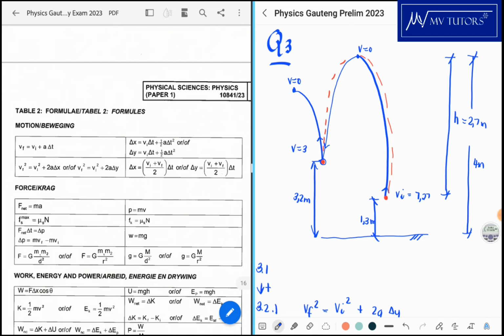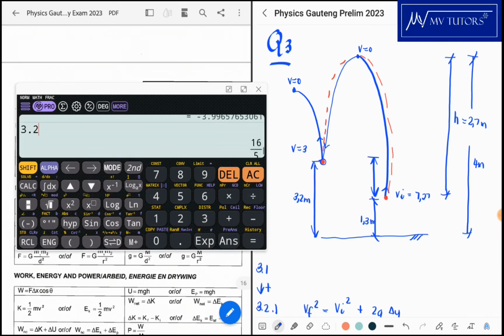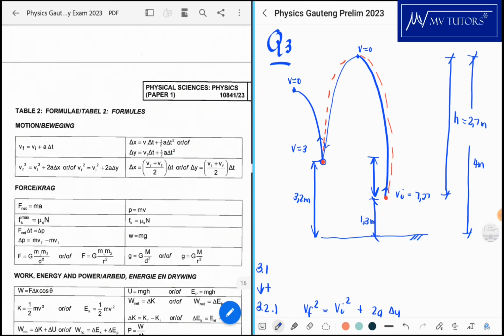Actually, the first way we're going to calculate it, we need this height over here. Let's also provide this height. So if we say 3,2 minus 1,3, we get 1,9 meters.